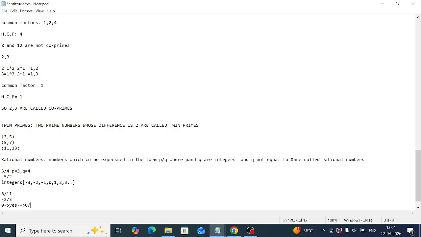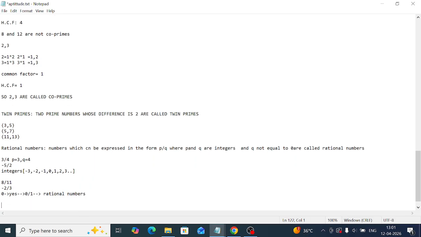No. Internally, 0 is treated as 0 by 1. So Q is not 0, that's why it is a rational number only. This is also an example they are going to ask you in tests, in aptitude tests. Okay. Next, 6 is also a rational number only, 6 by 1.